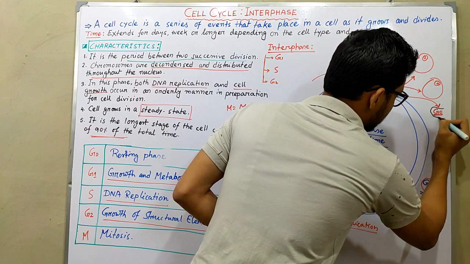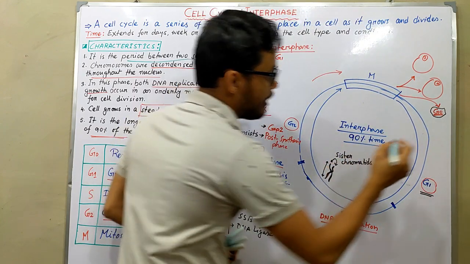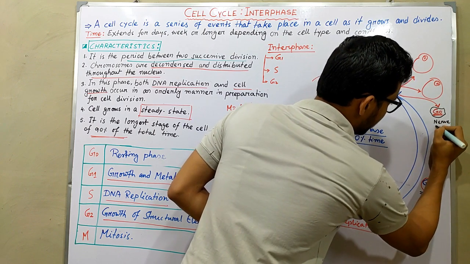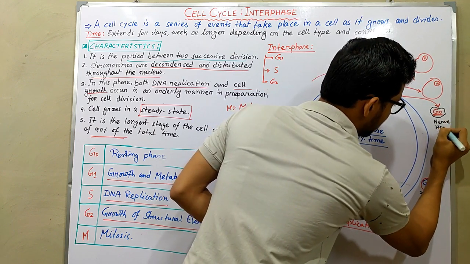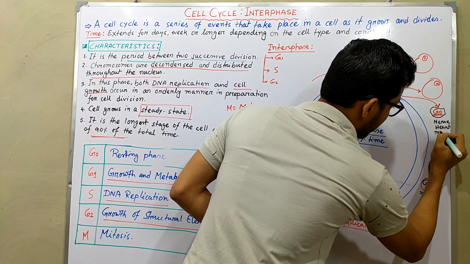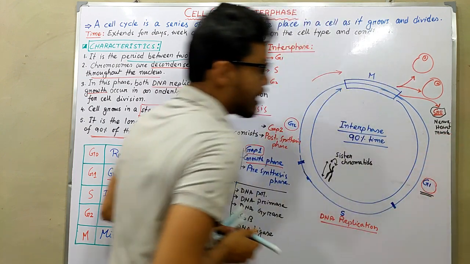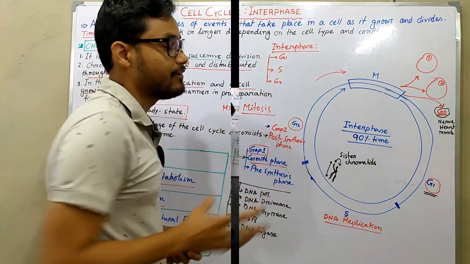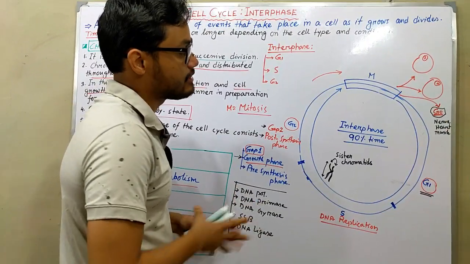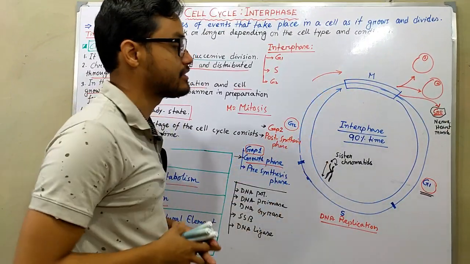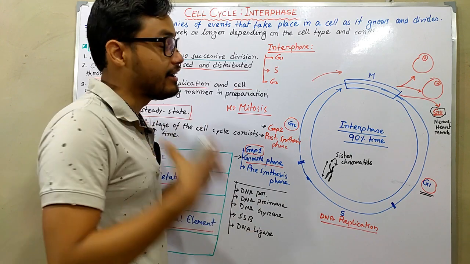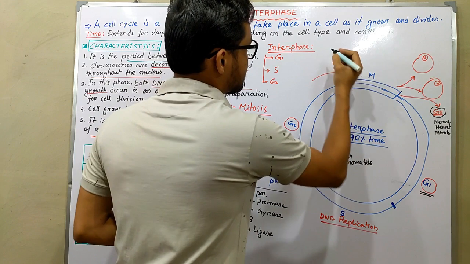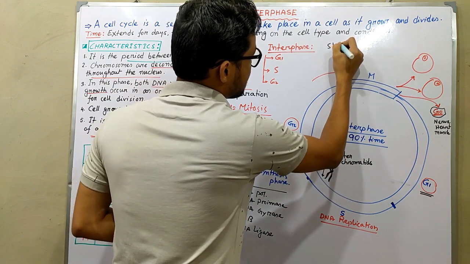That is the resting phase for particular cells, like nerve cells, that is the neuron, and heart muscle. Heart muscle and nerve cells cannot go into cell division. A few cells do not have the G0 phase, that means they never enter into the resting phase, including skin cells.